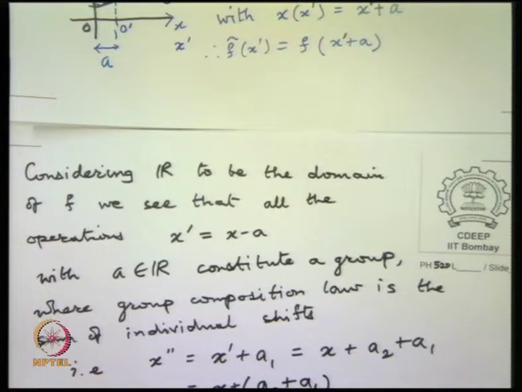So if we do two successive operations, then the equivalent operation is just a1 plus a2.